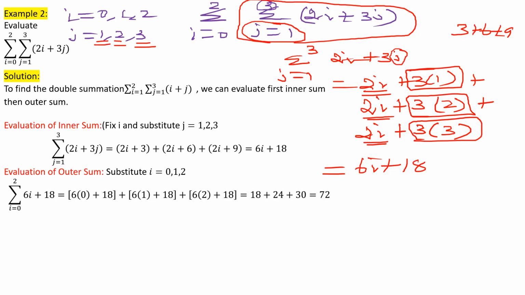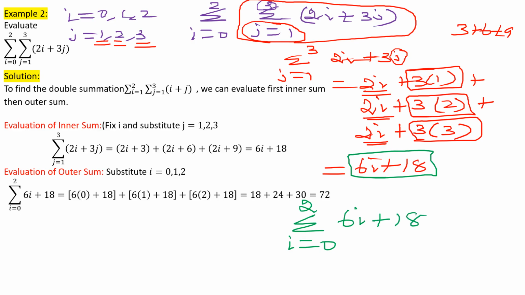Now let us move to the outer summation. My outer summation is sigma i = 0 to 2, and you have to take the inner summation answer, which is 6i + 18. Now you have only i, so the i value starts from 0, then 1, then 2.